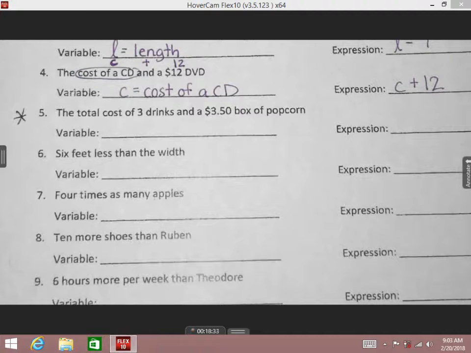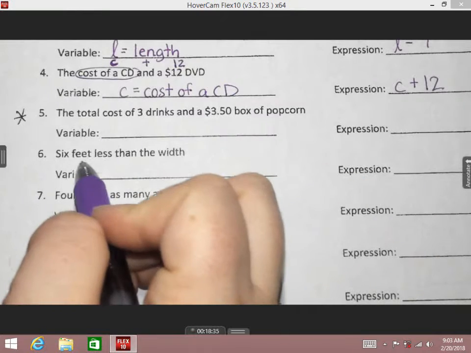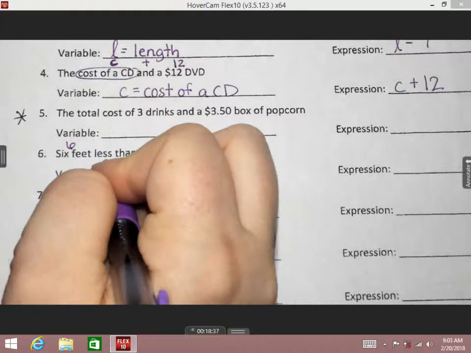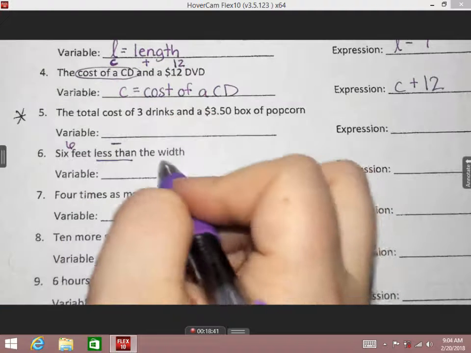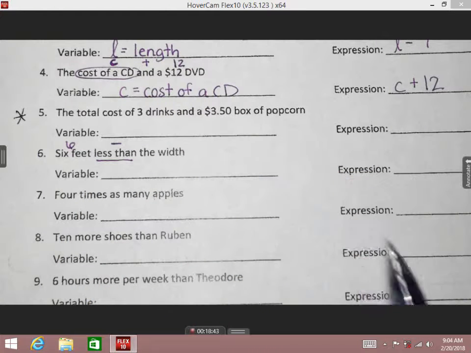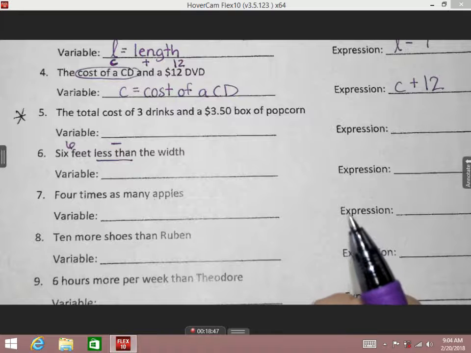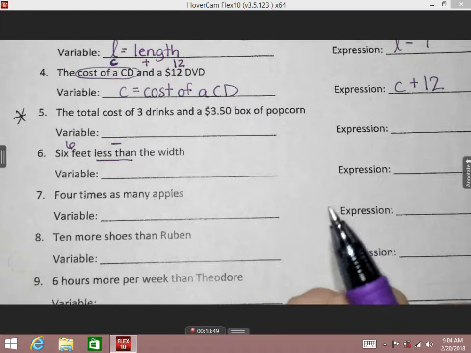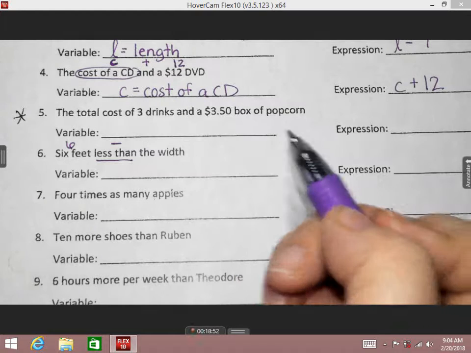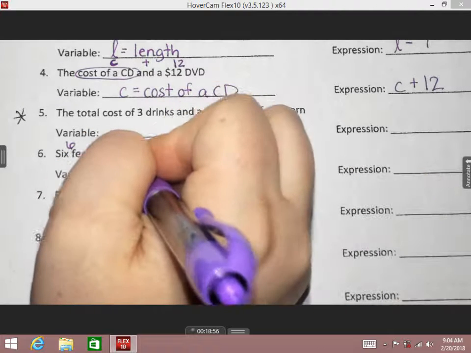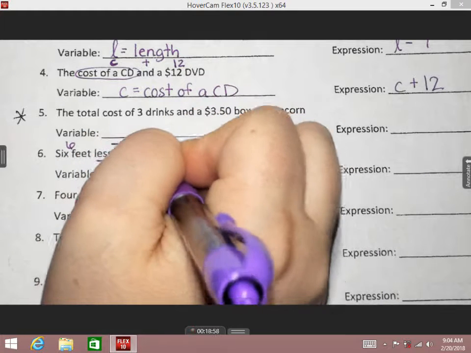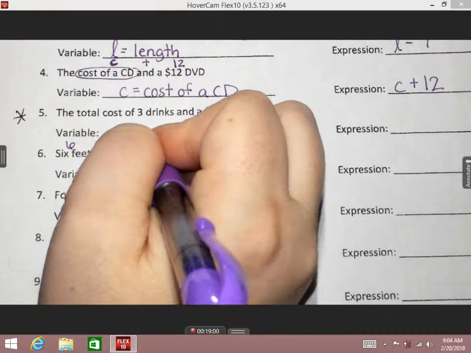All right. Number 6. It says 6 feet. So 6 feet less than. What does less than mean? Subtraction, the width. What can I write down for the width? I can't write down a number. What can I use? Emily? A letter, which is also known as a variable. What variable would you like to use, Emily? W. So we can say W equals the width.